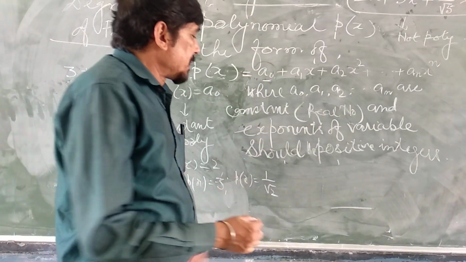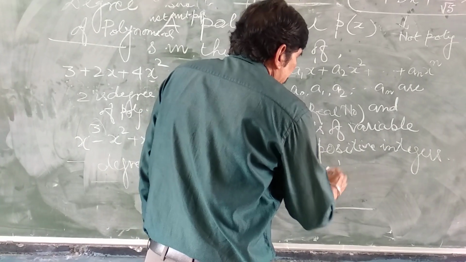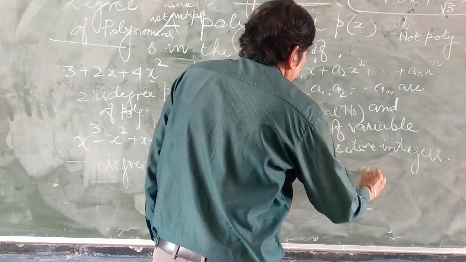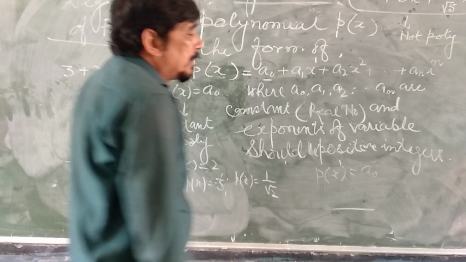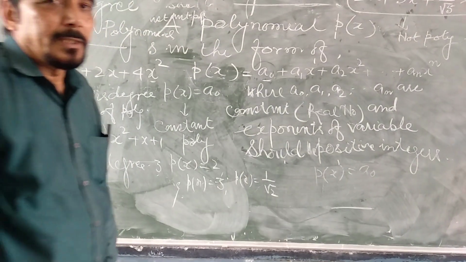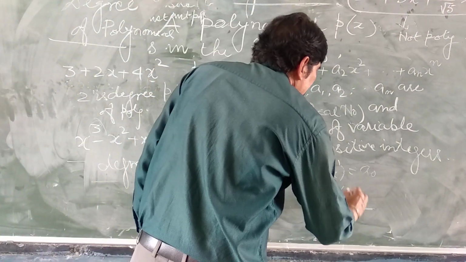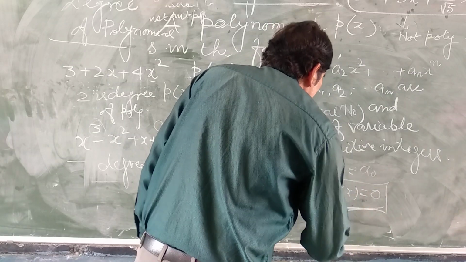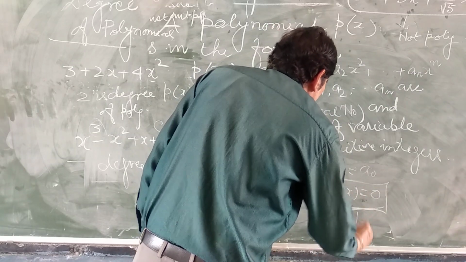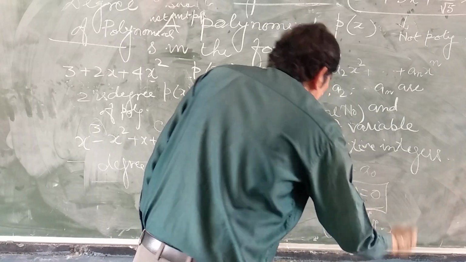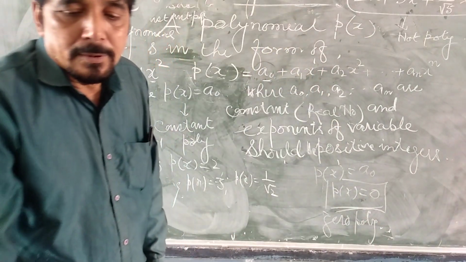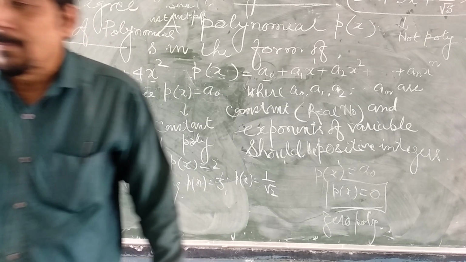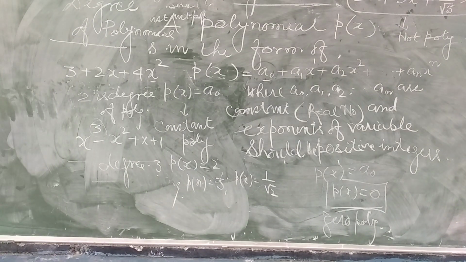Because in the definition, if P(x) has only a real number, and you know 0 is also a real number, if P(x) is equal to 0, then it is said to be the zero polynomial. So the degree of the zero polynomial is not defined. Okay.